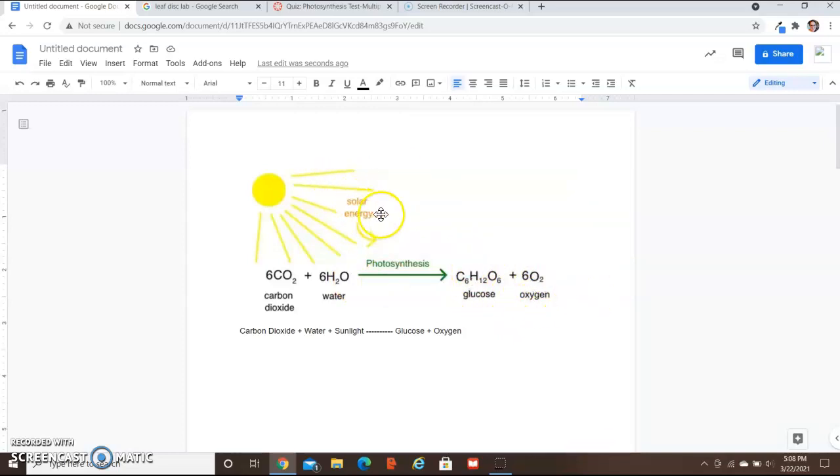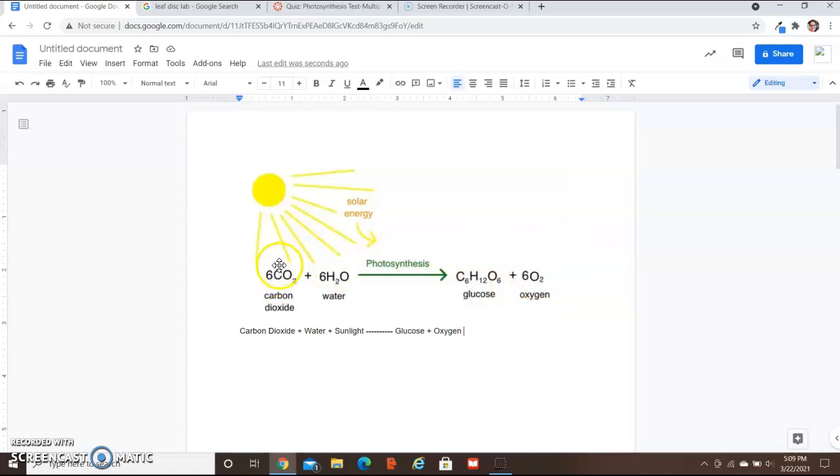So we use the solar energy to break apart the atoms of carbon dioxide and water and rearrange them into glucose and oxygen. Photosynthesis is literally transforming matter. It's taking two different types of matter, carbon dioxide molecules and water molecules, and rearranging them to make glucose and oxygen molecules.